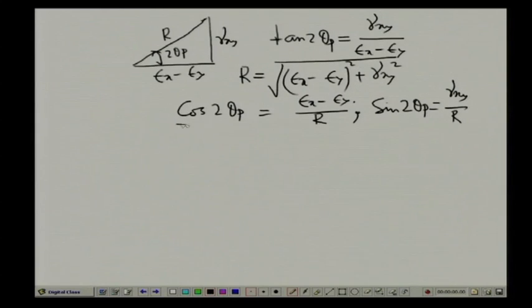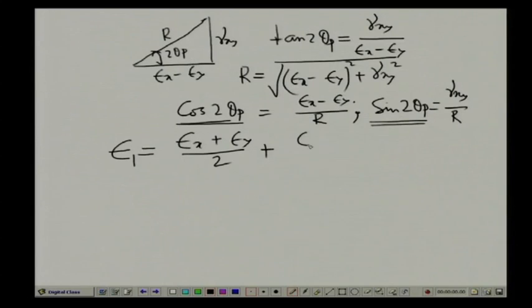Now, if we substitute the values of cos 2 theta p and sin 2 theta p in the expression for epsilon x dash, that will give us the maximum value of the normal strain. Let us call that epsilon 1, and that is equal to epsilon x plus epsilon y by 2 plus epsilon x minus epsilon y by 2.